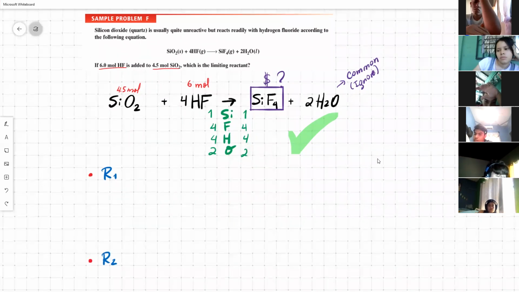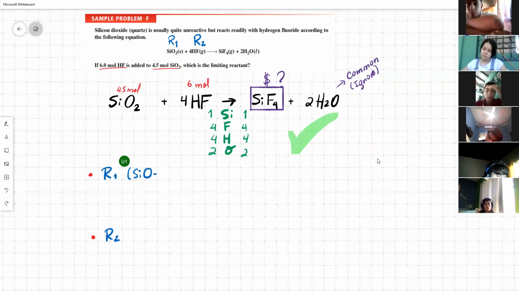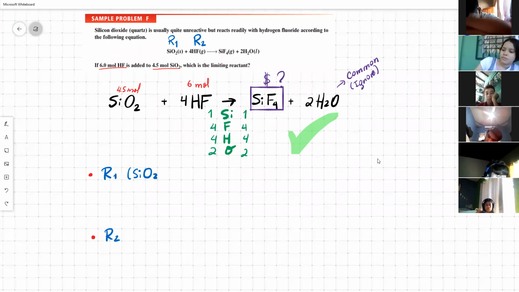I have my first reactant, silicon dioxide. I combine it with my second reactant, hydrogen fluoride. So yes, I have two reactants: my first reactant is silicon dioxide and my second reactant is hydrogen fluoride.